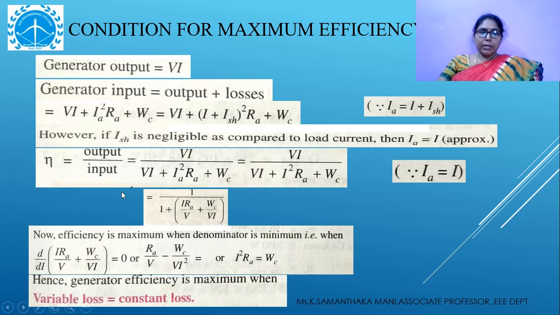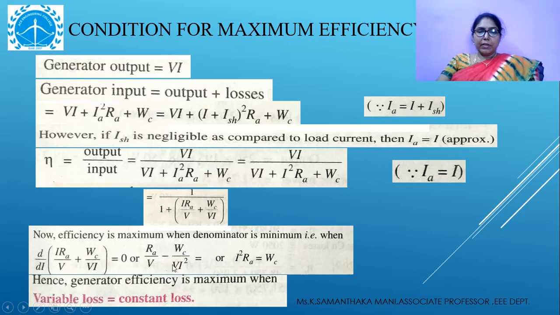I have 1 plus, which is a constant, so I differentiate the complete term in the parenthesis with respect to the variable. The variable is current for me. So d by dI of this term must be equal to 0. After doing that, we get the condition Ra by V minus Wc by VI square must be equal to 0.